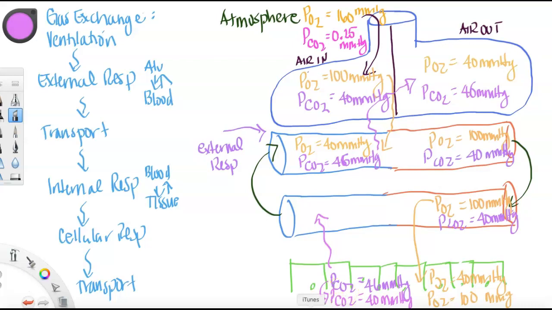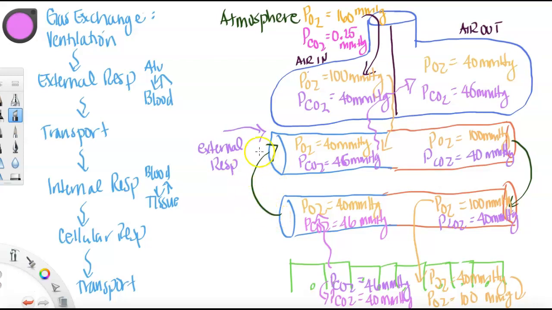So it goes to there. This one goes to there. Okay, so now at the end of the capillary bed, the PO2 is 40 and the PCO2 is 46.